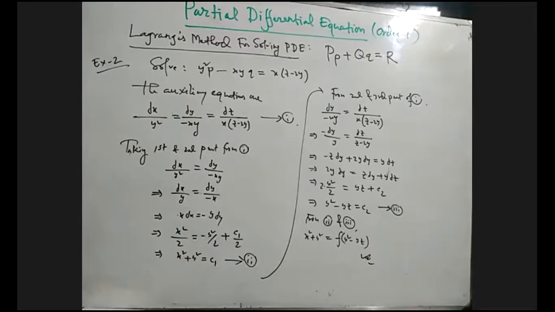We have solved these two types of problems. Then we have learned how to solve partial differential equations. One method is the integrating method, another is the Lagrange method. To solve first order partial differential equations, we have to use the Lagrange method. This is a very interesting method. We have to remember this by practicing.